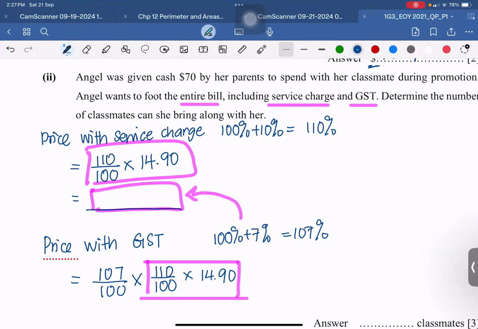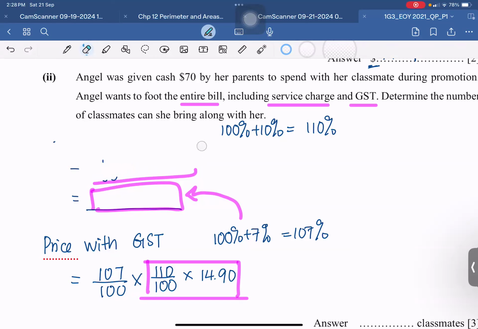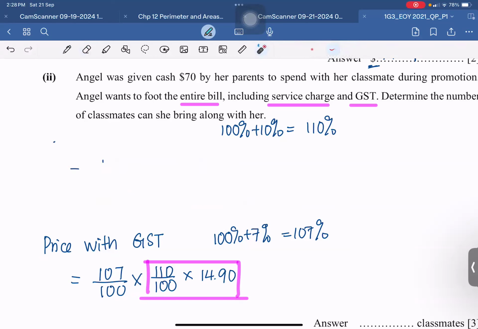Those of you who understand the process, in exam you don't have time to write so much working, right? What you can do is skip this step and write directly price with GST 107% times the price with the service charge 110% times my original.